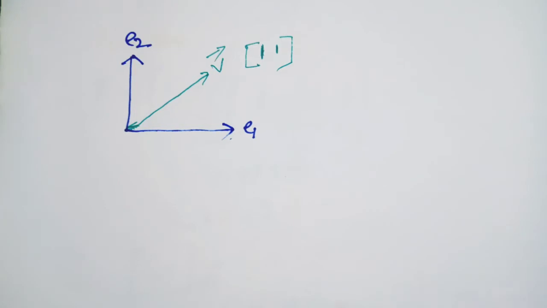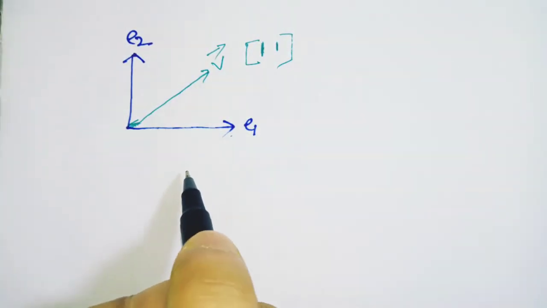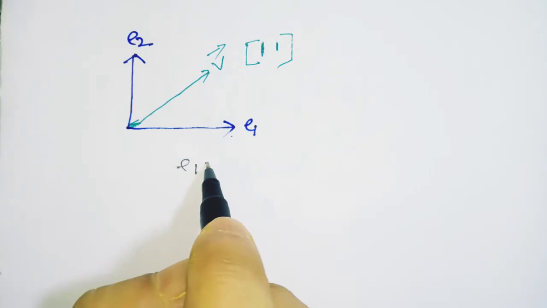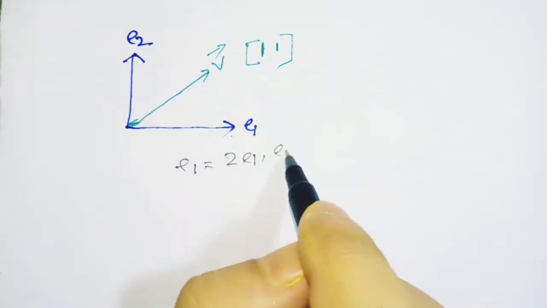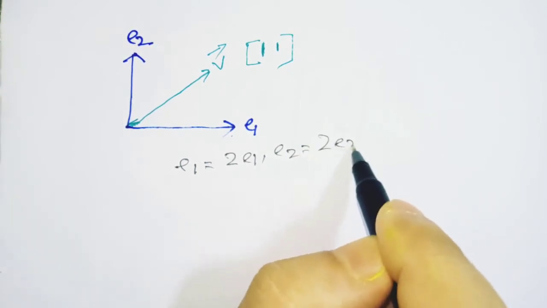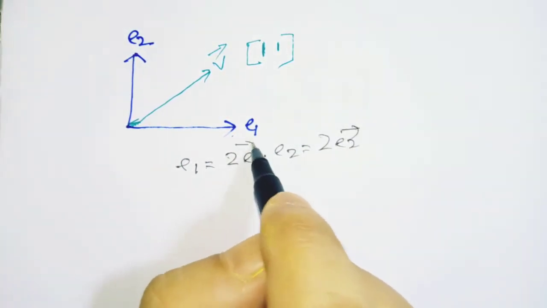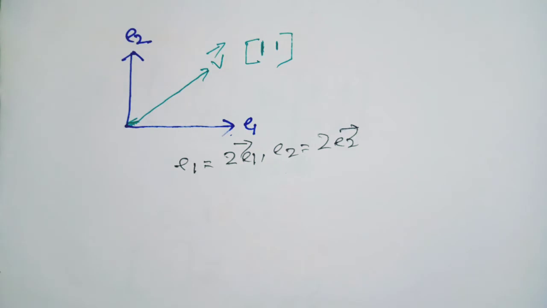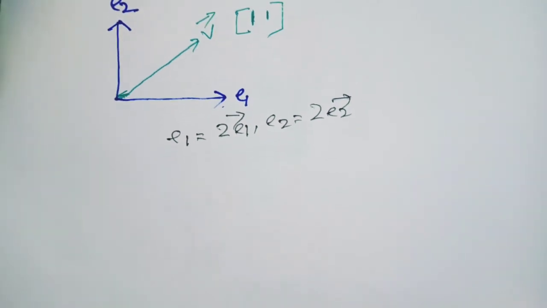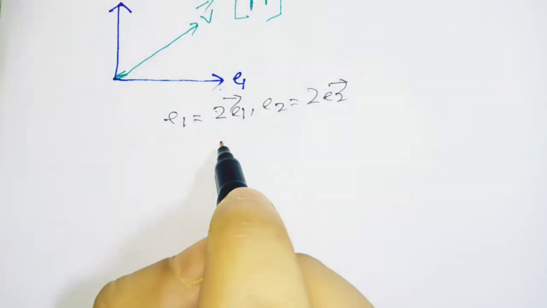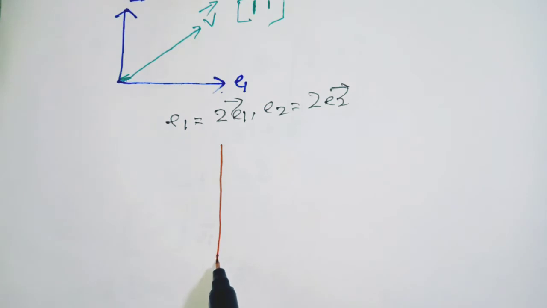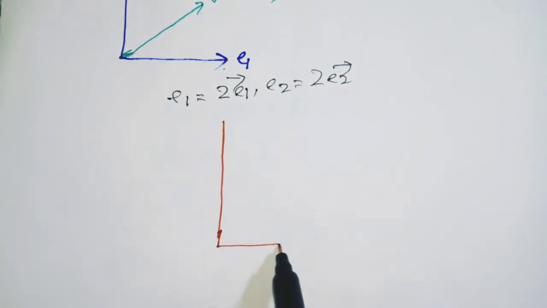So I am going to take E1 equals 2E1 and E2 equals 2E2, with an arrow on top. Let us see how it looks. We are going to scale the vectors, and we have enough examples in the previous video, so it won't be difficult. It would become this big.